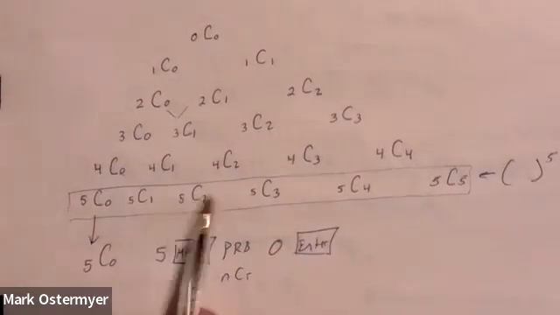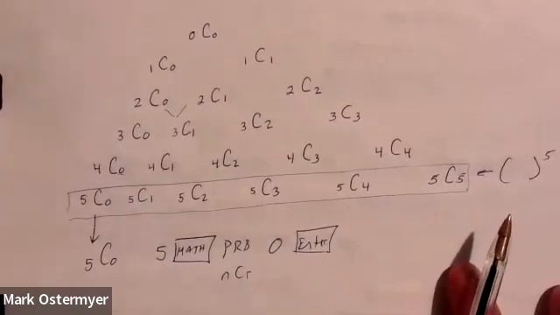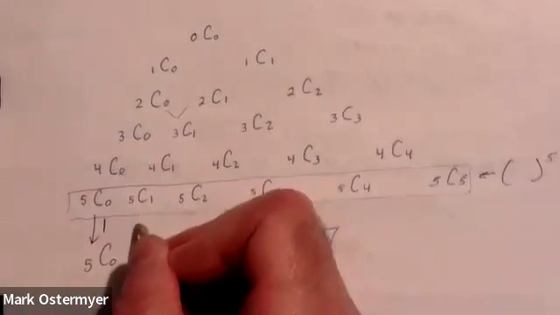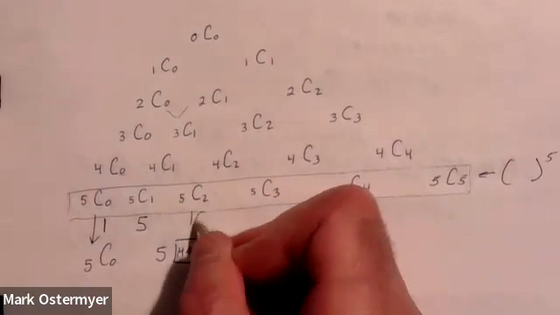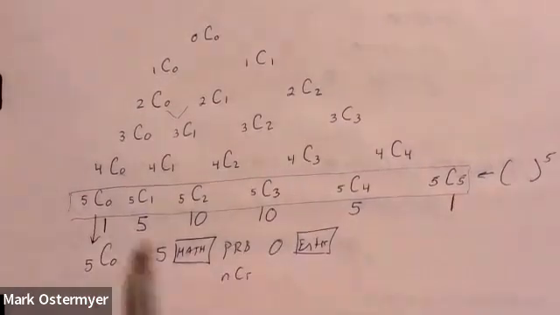So go ahead and crank out all these combinations on your calculator for this last row and convince yourself that you do indeed get the numbers: this should be 1, this should be 5, 10, 10, 5, and 1. Make sure that you convince yourself that those combinations generate those values, which we've seen on a previous slide. So that's where those numbers in Pascal's triangle come from. They come from combinations.